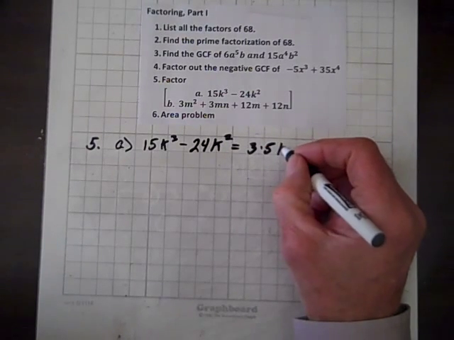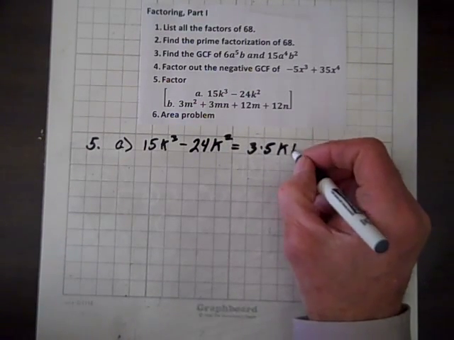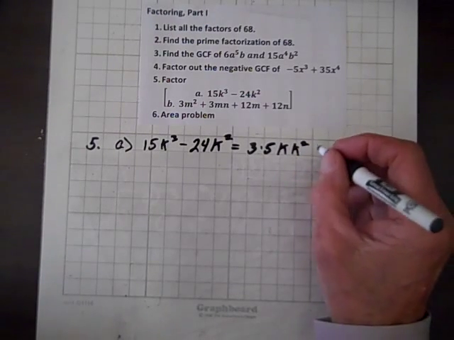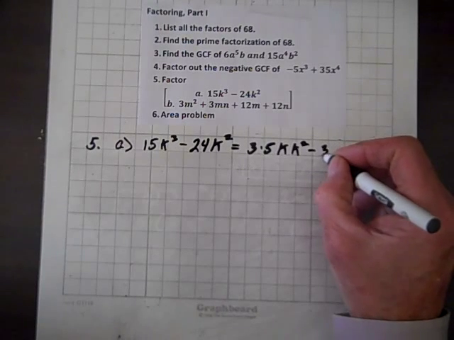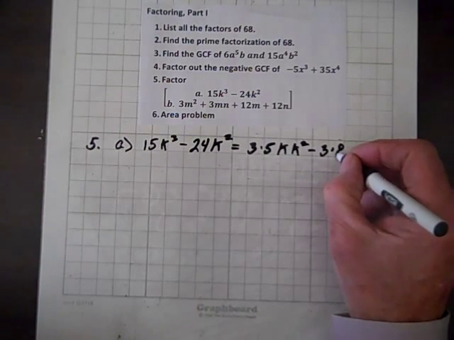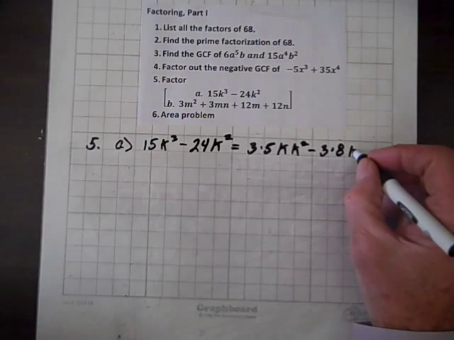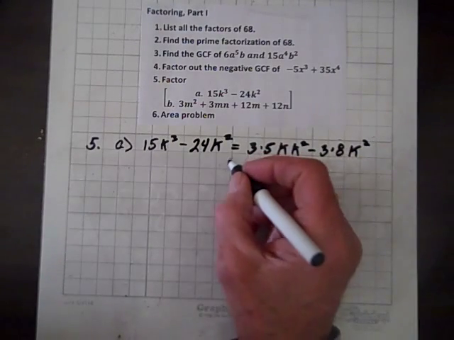So that's going to be k times k squared. And we'll factor 24, and 24 is 3 times 8. And k squared remains k squared.